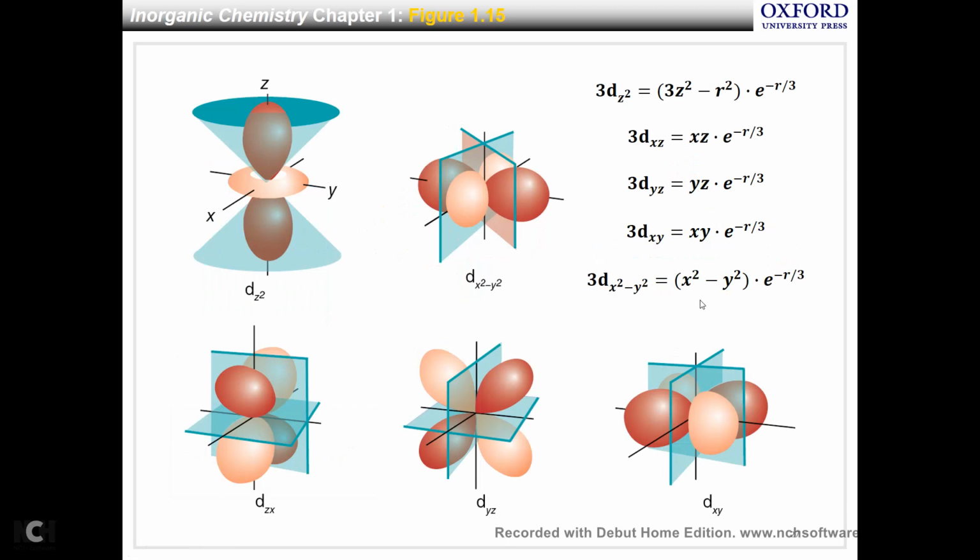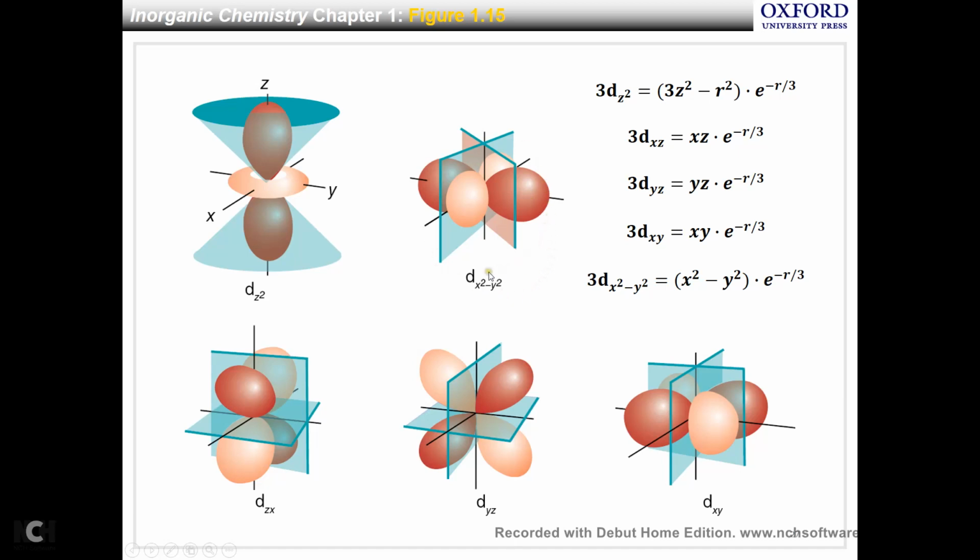Now let's look at the 5 d orbitals. The 5 3d orbitals have this kind of form. Again, each of them contains e to the power of negative r over 3, multiplied by a polynomial function of r. And then there's a theta and phi contribution as well. So for example, let's look at this one. This one is pretty simple.